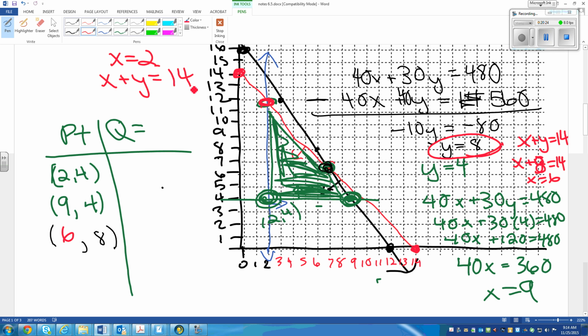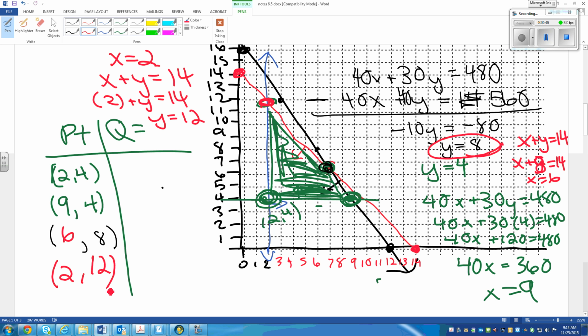It's a really easy check for 2 marks, right? What do we have to do? Just substitute x in as 2, and 2 plus y equals 14, so y is equal to 12. So this point is 2 comma 12.